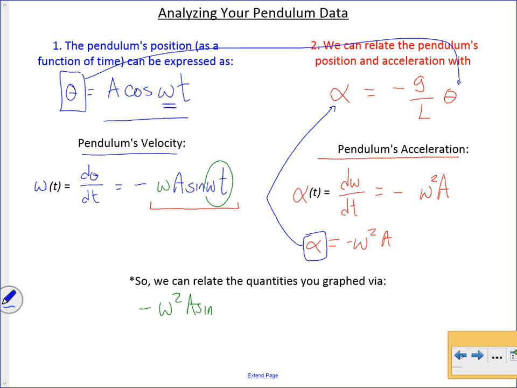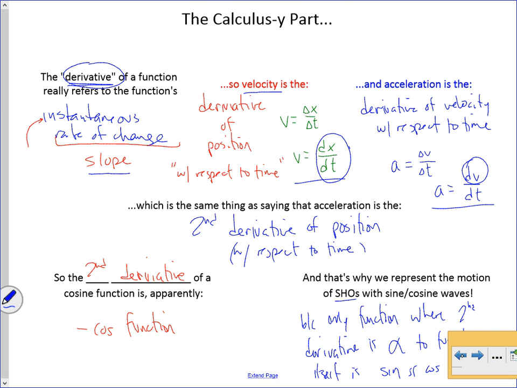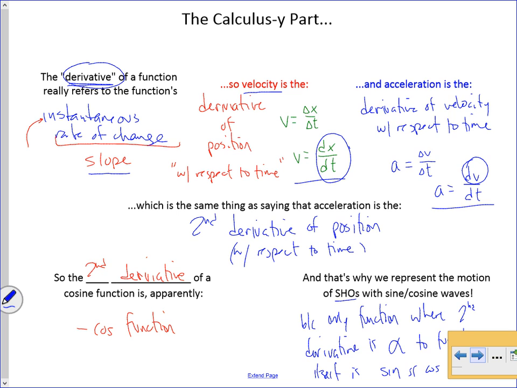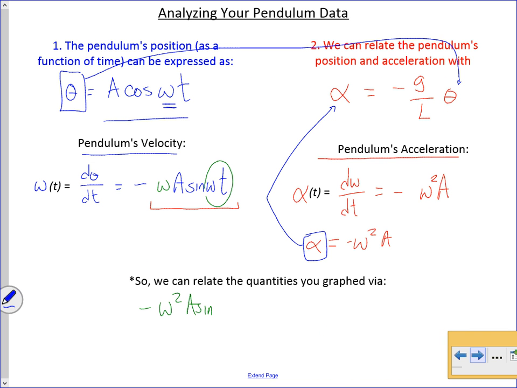Let's look back at our graph here. This is a negative cosine curve. Agreed? Sorry. So that goes here: cosine omega t. Good. All right, so here's alpha: negative omega squared a cosine omega t.